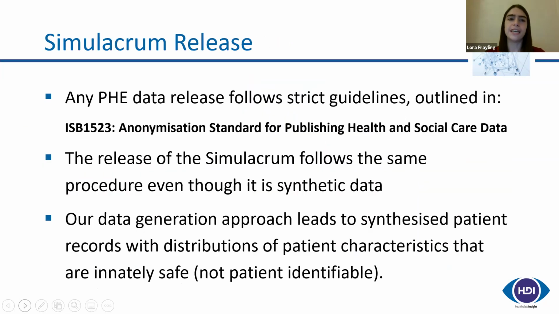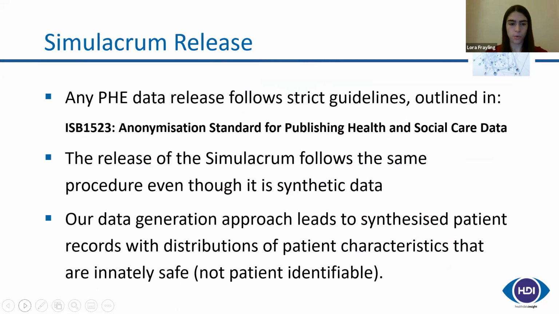So once we have generated our synthetic data, we need to assess it by PHE guidelines, and these are outlined in this anonymization standard that can be found online, publicly available. So every single data release that Public Health England signs off has to follow these guidelines. And this will apply to the simulacrum as well.